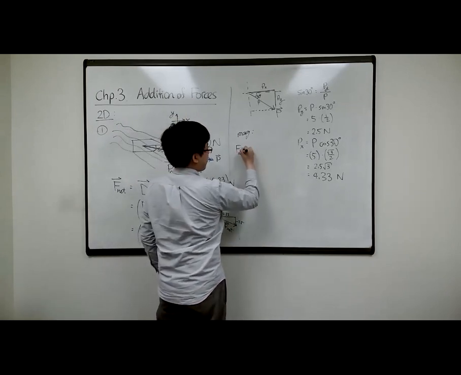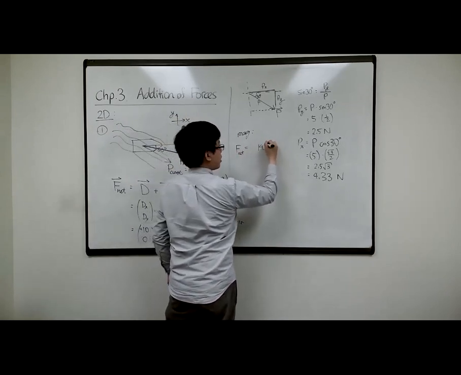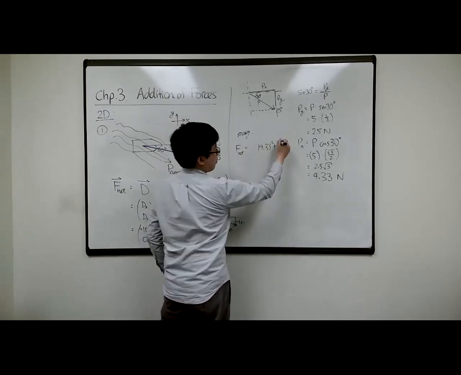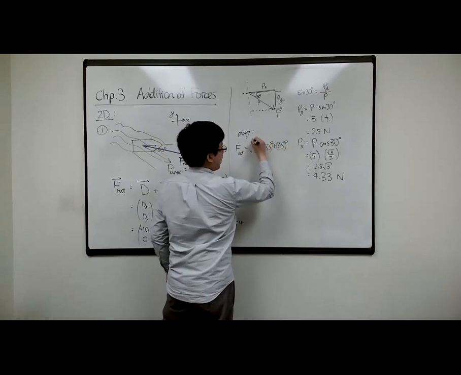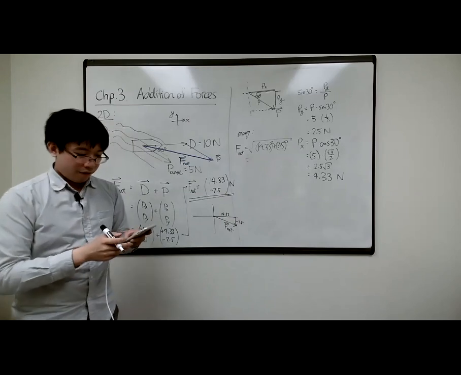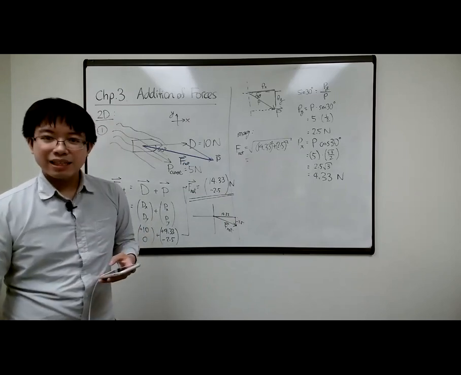The magnitude of F net is just the square root of 14.33 squared plus 2.5 squared. It could be minus 2.5 squared, but if you square it, they're the same. So you do the Pythagorean theorem over there. Let's do this together for completeness.